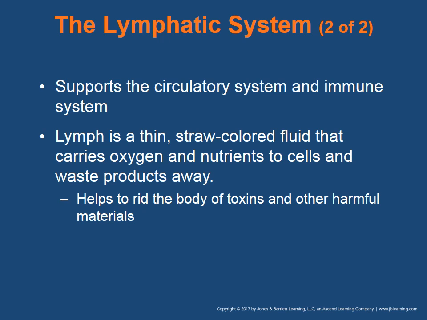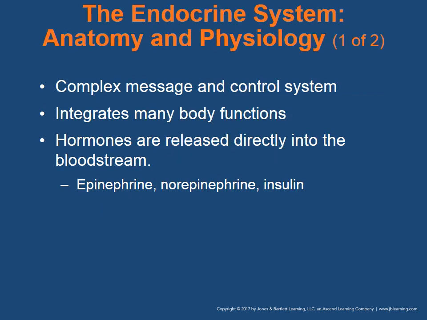What we're going to be interested in about the lymphatic system is its support of the immune system and the circulatory system. Lymph is a thin straw-colored fluid that carries oxygen and nutrients to cells and waste products away. It also helps rid the body of toxins and other harmful materials.